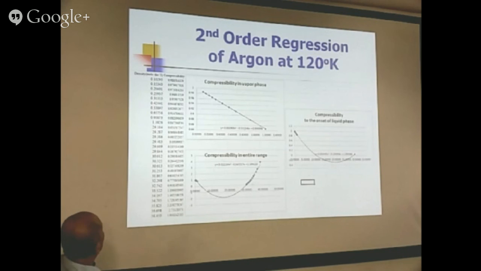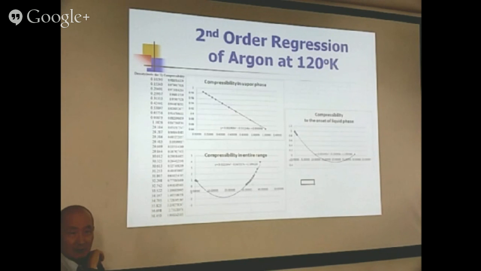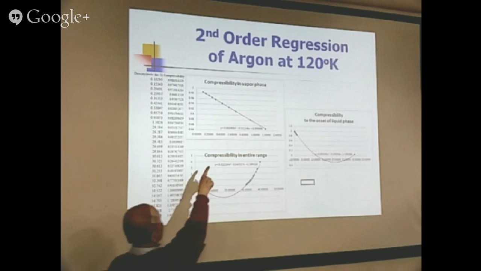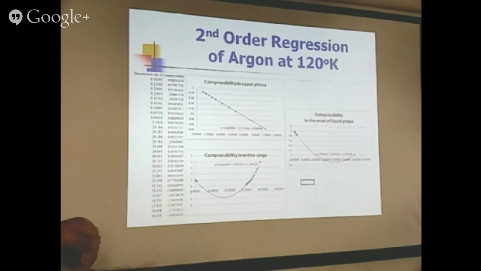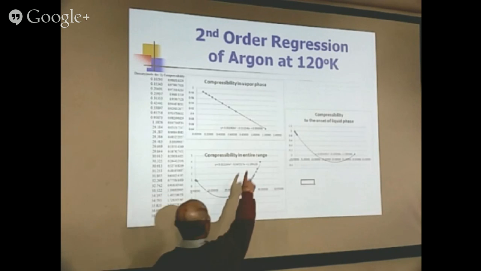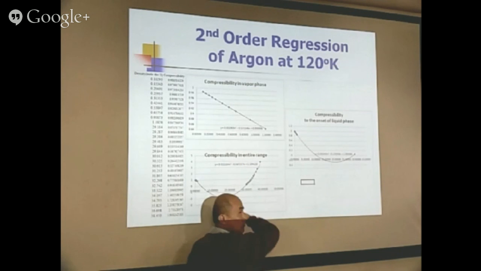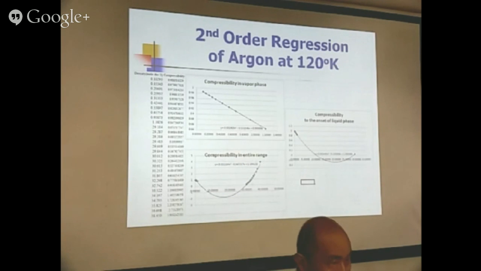Now, if you limit your analysis in the gaseous region, what you get is a straight line. Then you get the slope as the first coefficient, and then you have a very small deviation from the line.